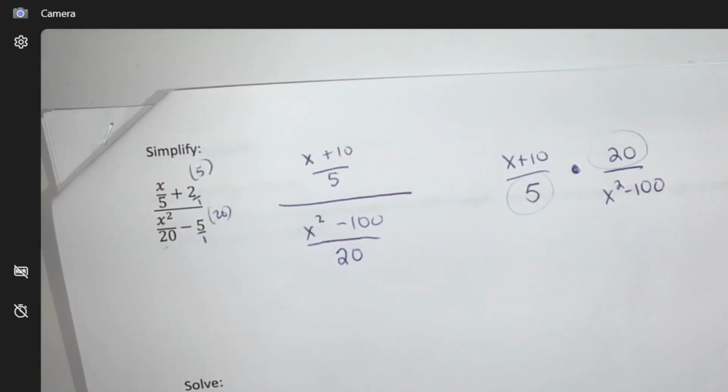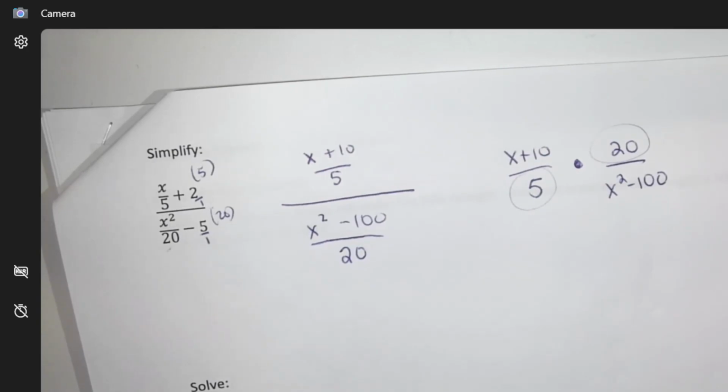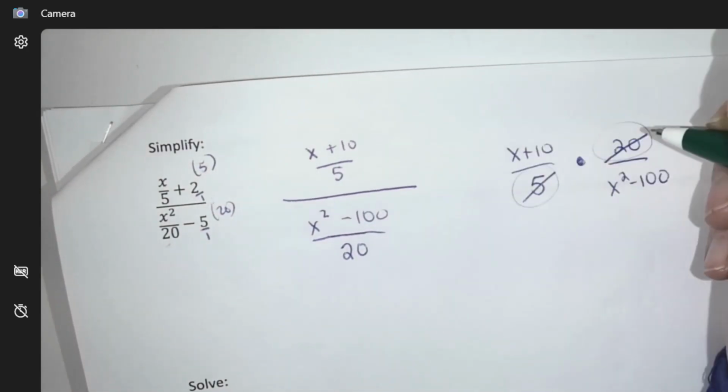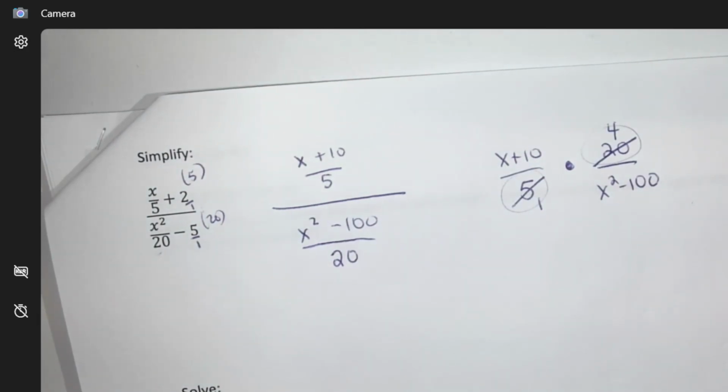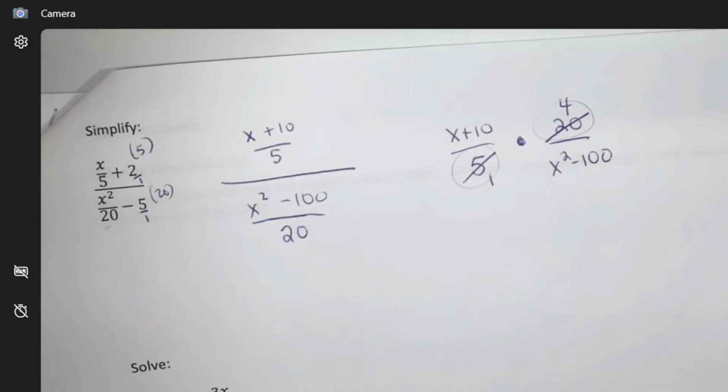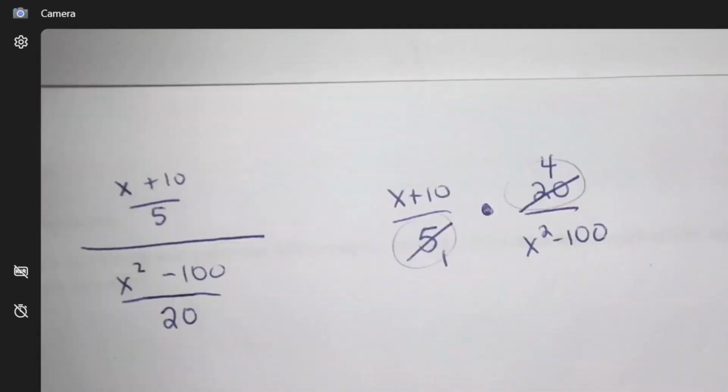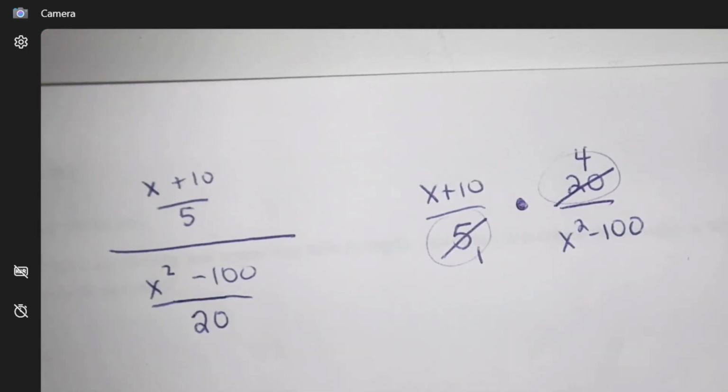Okay, I'm going to look at the 20 and the 5 because I'm going to divide by 5. Do you understand that you can't cancel here? Do you understand that? Okay, you can't cancel there because those are adders.